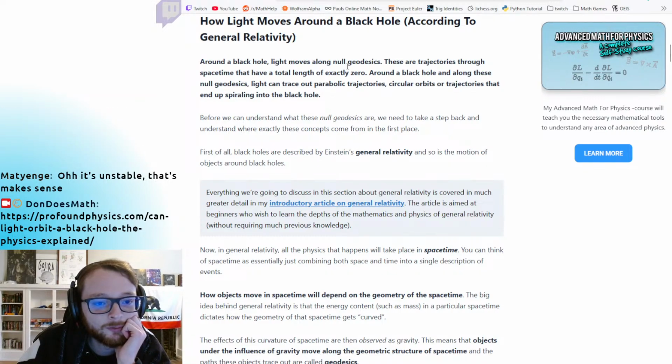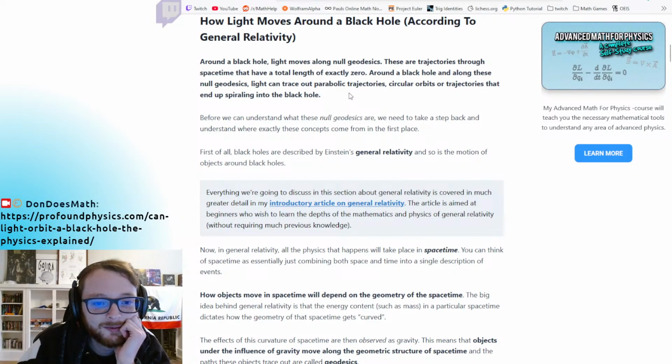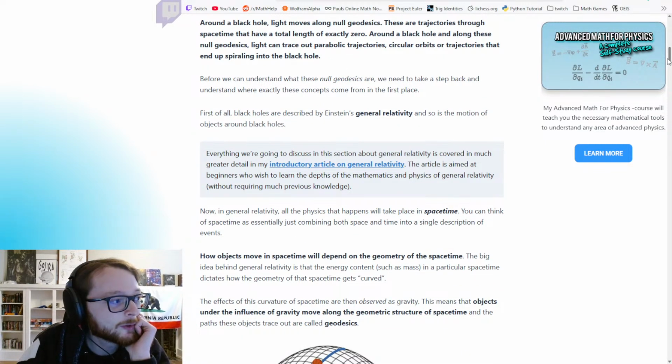Around a black hole, light moves along null geodesics. These are trajectories through space-time that have a total length of exactly 0. That hurts my head. What is a length of 0 if it's not just the same point? Light can trace out parabolic trajectories, circular orbits, or trajectories that spiral into the black hole. Oh my god, this article is massive. I only just now noticed the scroll bar.